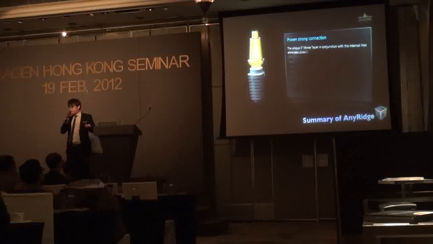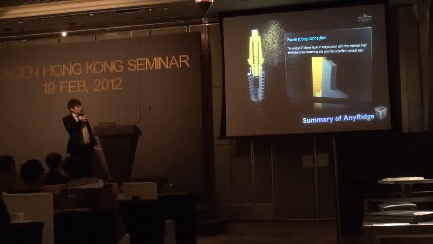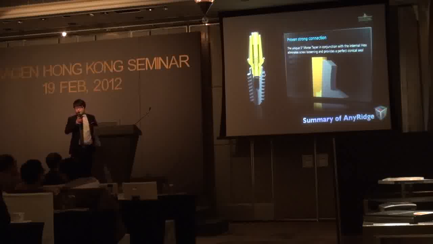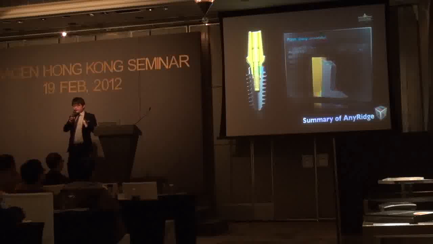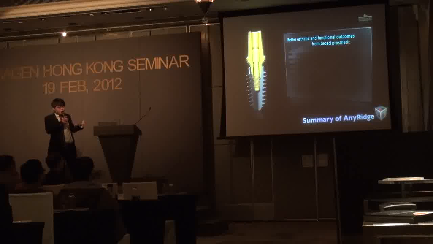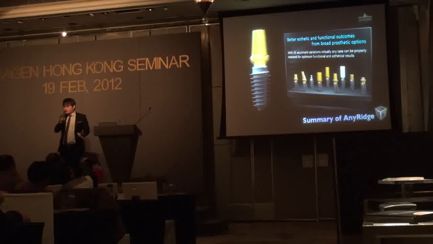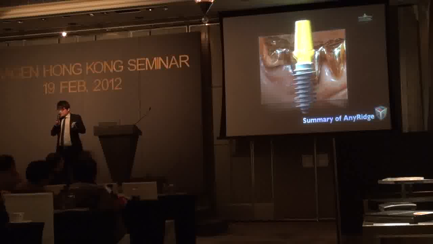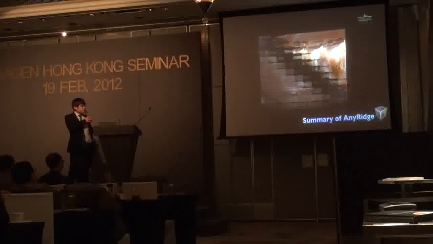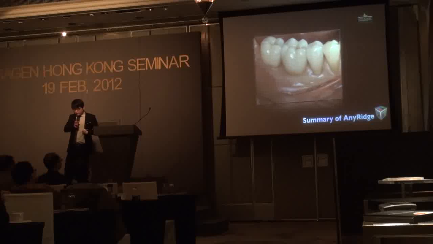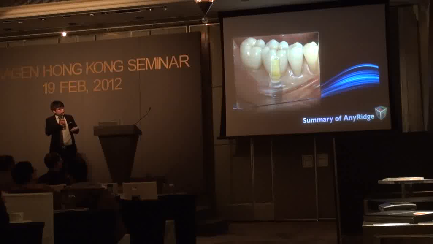Also, to prevent screw loosening problems, we chose a strong connection, which is 5 degrees. So there is an absolutely strong connection between the abutment and the fixture. So there will be no screw loosening, or only about 0.1% may occur. Using this, you can get nice clinical results like that.